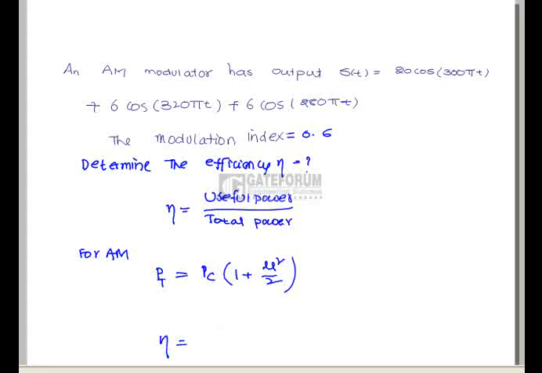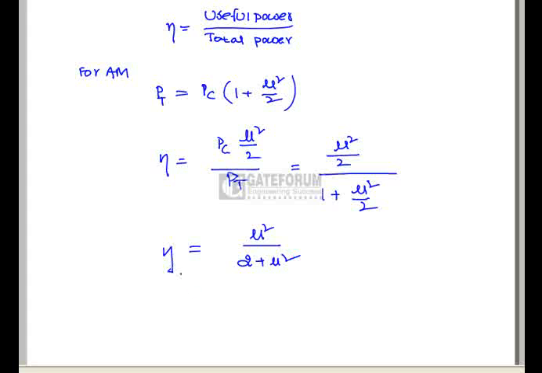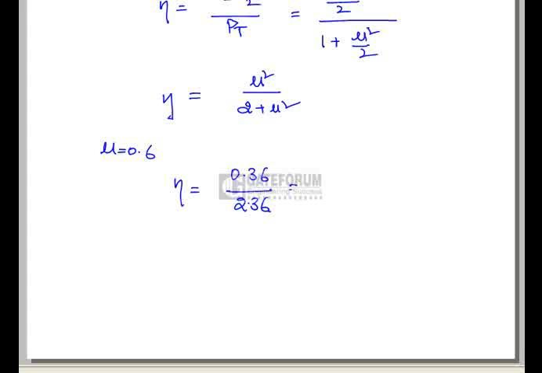So eta equals Pc mu square by 2, which is the useful power, that is the total sideband power, divided by the total power, that is mu square by 2 divided by 1 plus mu square by 2, that is mu square by (2 plus mu square). Here mu equals 0.6. Efficiency is 0.36 divided by 2.36 equals 0.153.